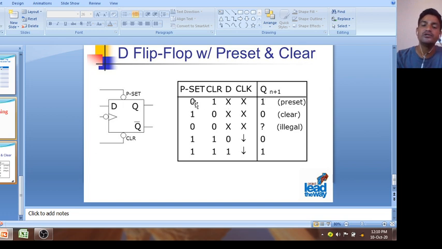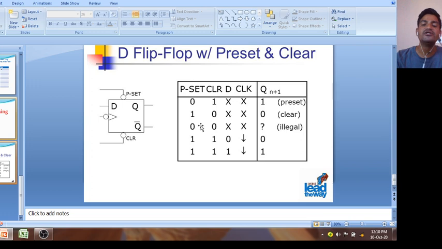Just you have to see 0 because it is an active low signal. So when preset is 0 and clear is 1, your flip flop will be preset, means output will be 1. Next, 1 0: when preset is 1 and clear is 0, your flip flop will be reset, means output will be 0.